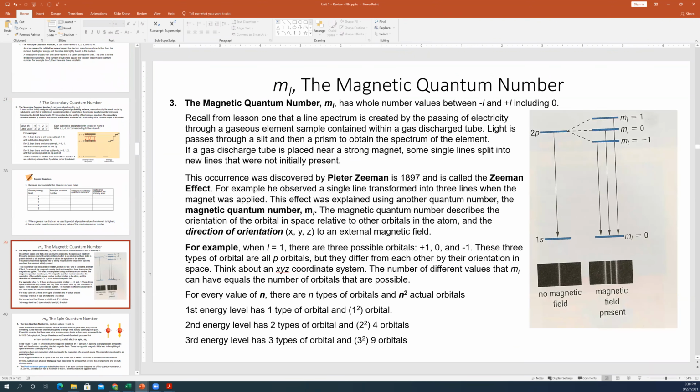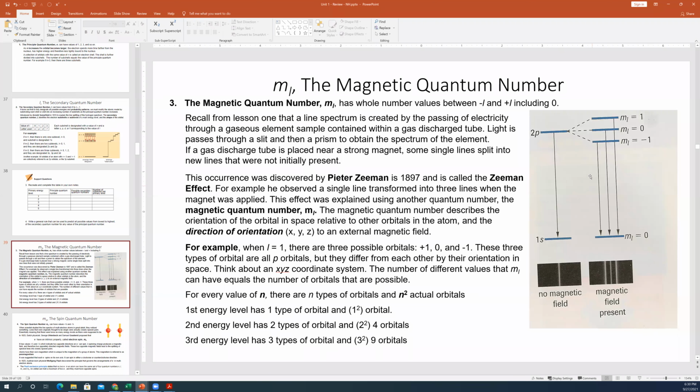But they also discovered that in the presence of a magnetic field, there was further splitting. The third quantum number was the magnetic quantum number. They discovered that, for example, the 1s and the 2p further split into more energy levels.